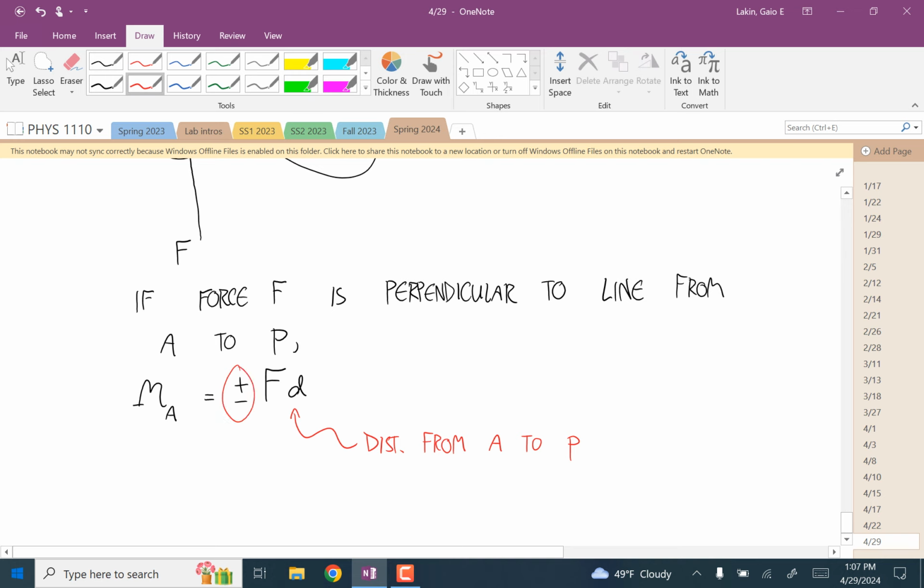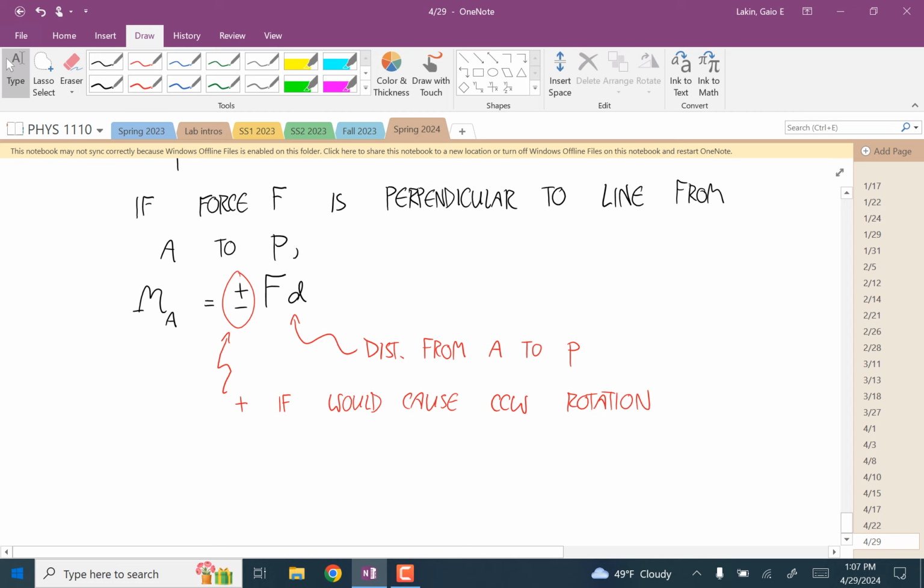The plus or minus is going to be positive if that force would cause a counterclockwise rotation. And it's negative if that force would cause a clockwise rotation.